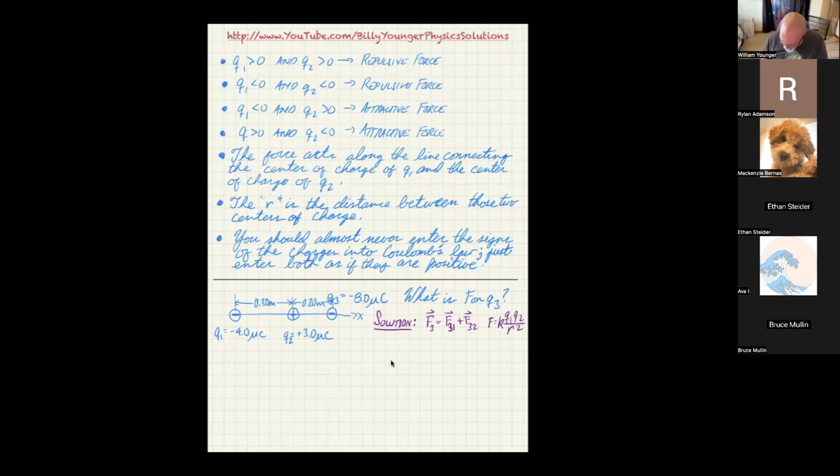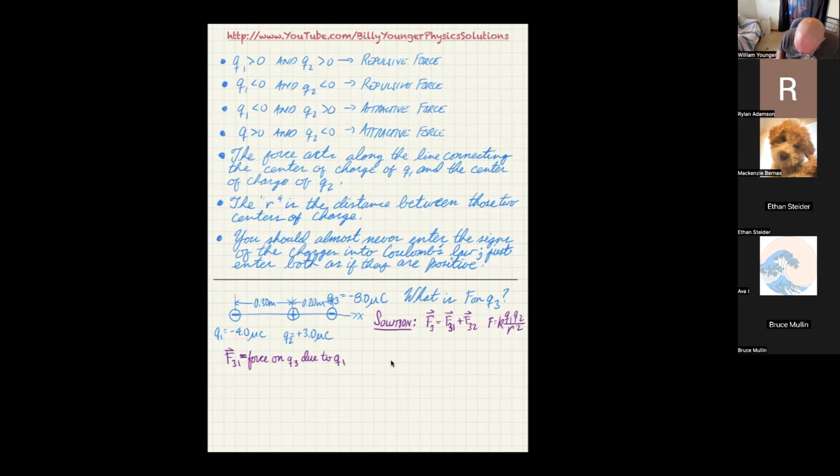When I'm talking about F31, remember that's the force on Q3 due to Q1. Okay, that's key. I want you to understand that terminology that I'm using with the subscripts, because that's going to go on and on and on. So make sure you know that now.